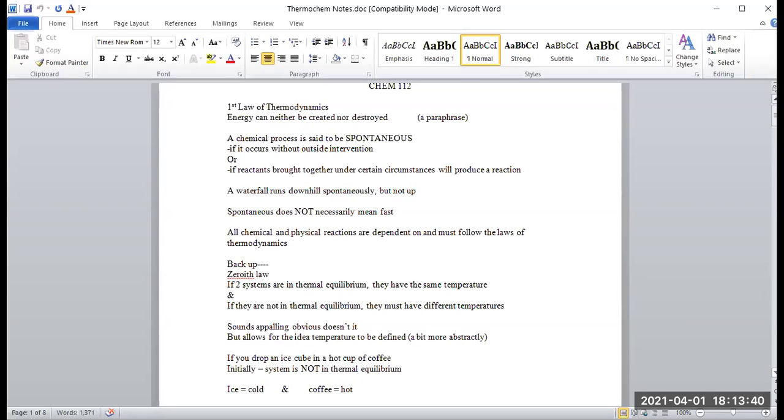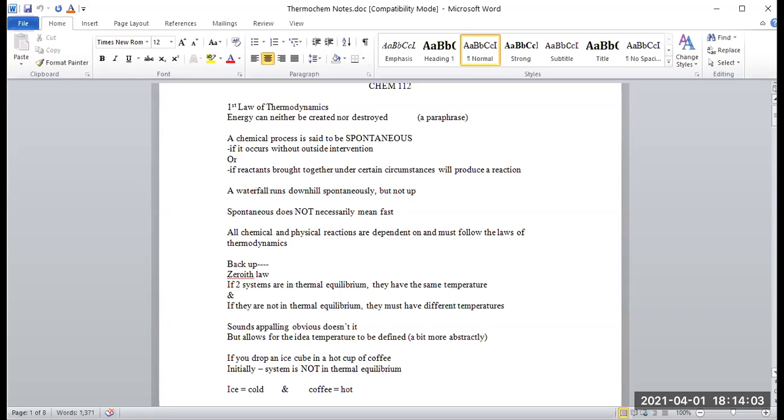But originally, they were not the same temperature. So again, you don't actually have to know the number values in order to determine that they were not at thermal equilibrium. It sounds really kind of oblique, like unobvious.